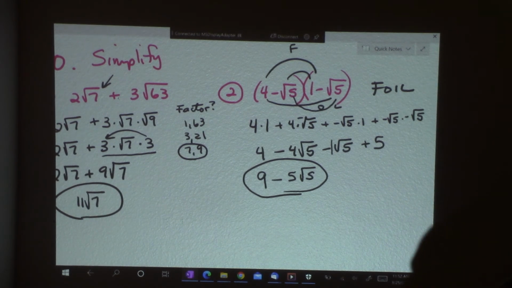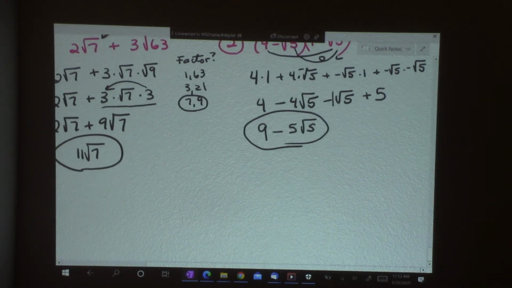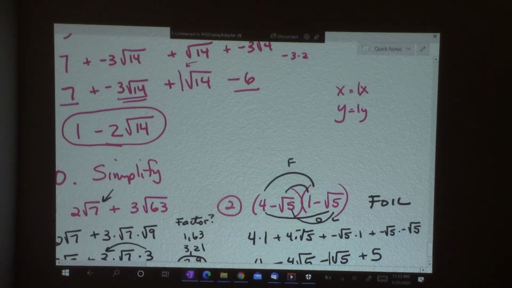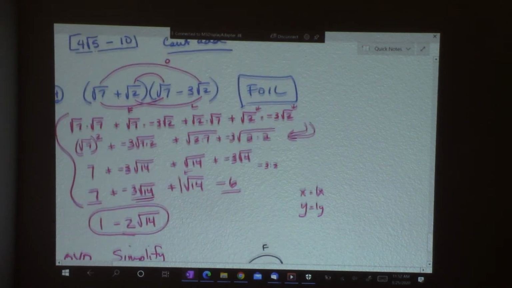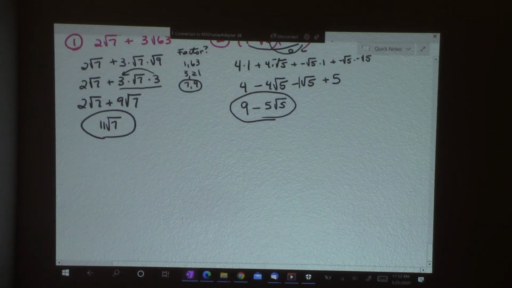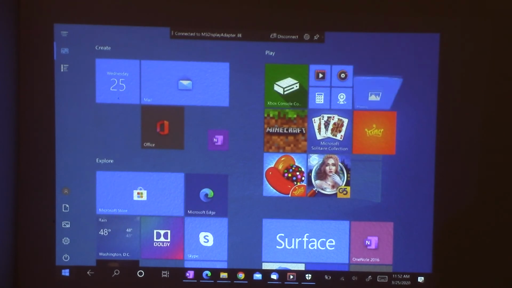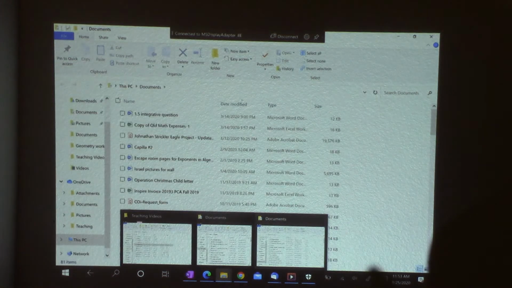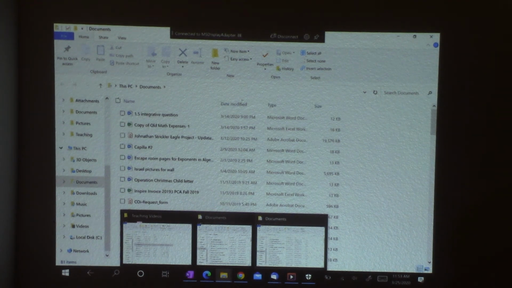Okay, well, to liven things up, for our word problem, I found some pictures. So this is going to be number 5. All right, let's see if I can find it.